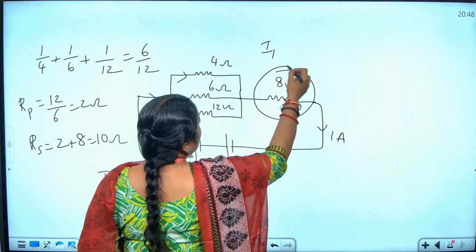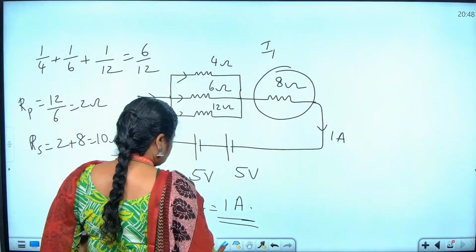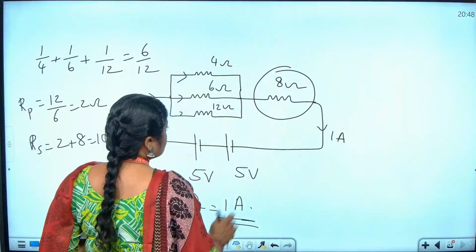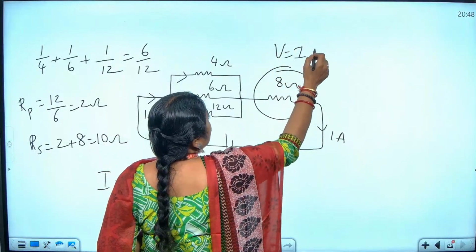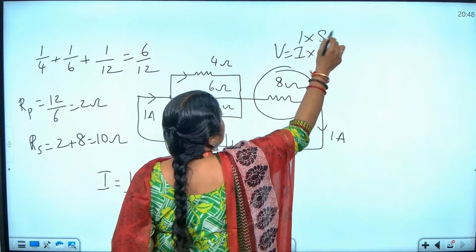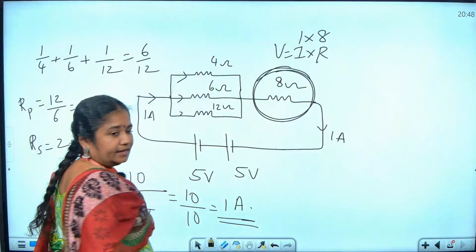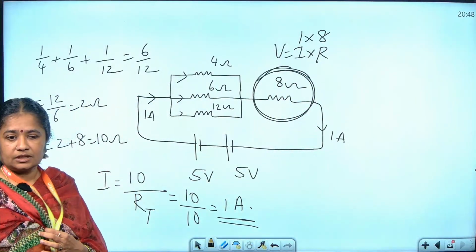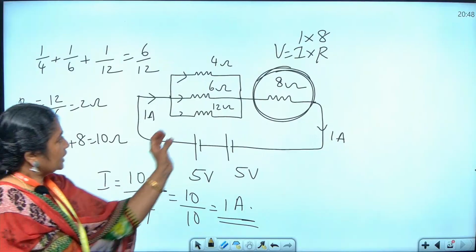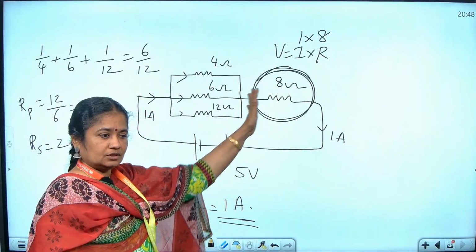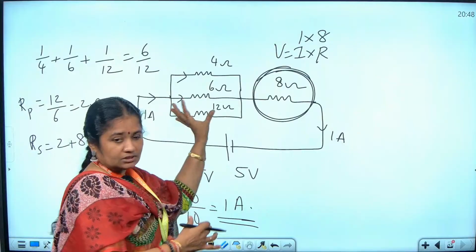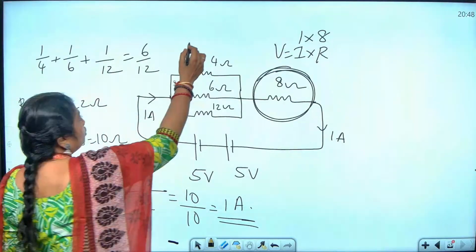So here potential drop V will be equal to I into R, which is 1 into 8. This alone will take 8 volt from the battery. The battery is supplying 10 volt. So 8 volt this one takes by itself. So how much will be left over for this parallel connection? Only 2 volt.